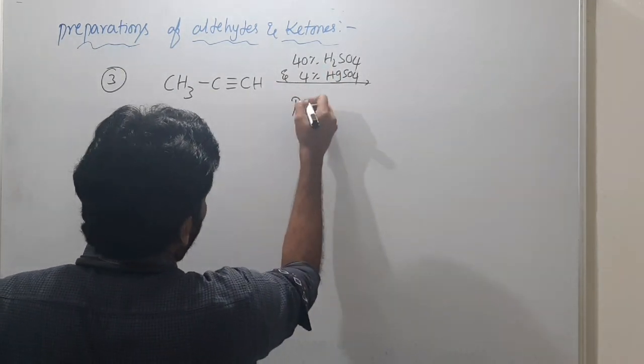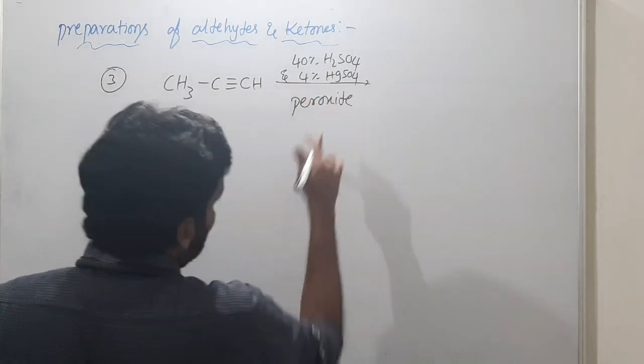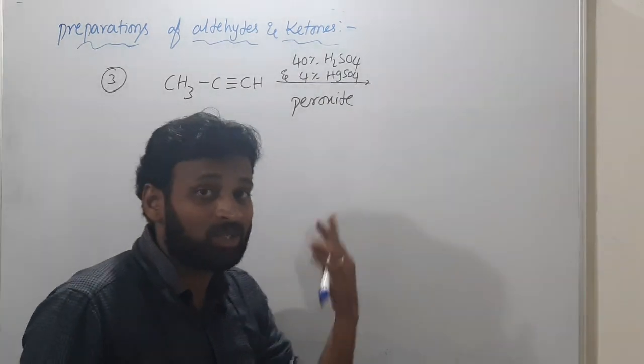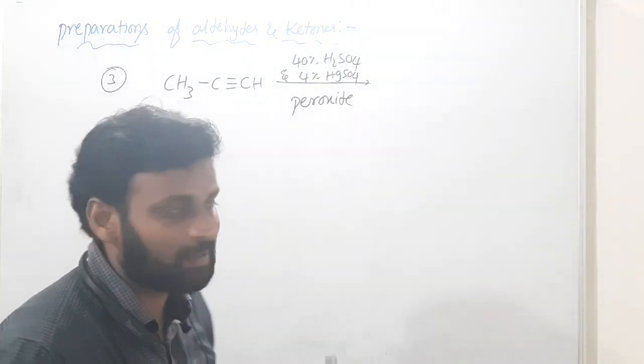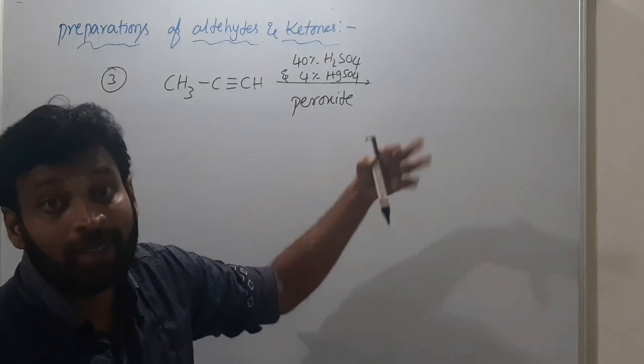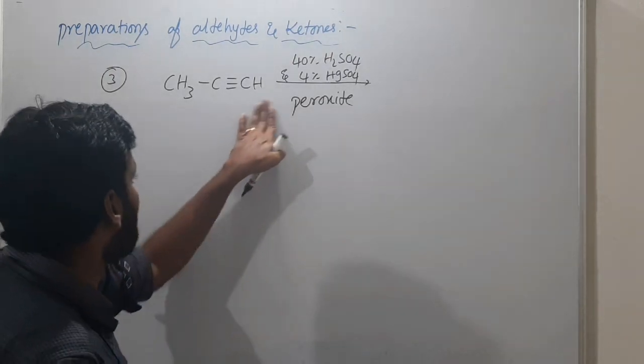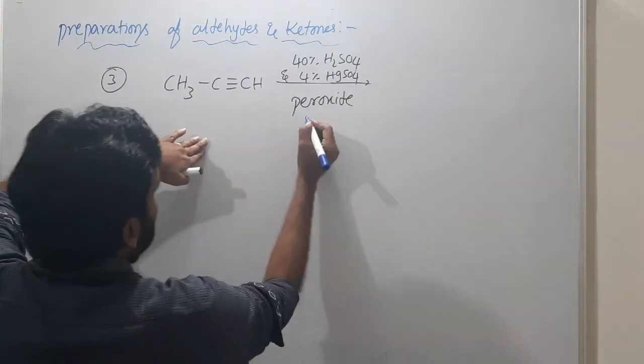So better to write peroxide. If another peroxide is given, you might say, sir, H2O2 is not given, but no, peroxide like H2O2 or benzoyl peroxide. If they are given, then you know what the product is?